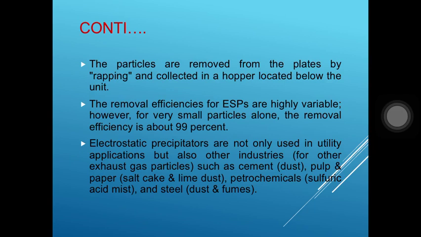The particles are removed from the plates by rapping and collecting in a hopper below the unit. The removal efficiencies of the ESPs are highly variable. However, for very small particles alone, the removal efficiency is about 99%. Electrostatic precipitators are not only used in utility applications but also other industries such as cement, pulp and paper, petrochemicals, and steel.